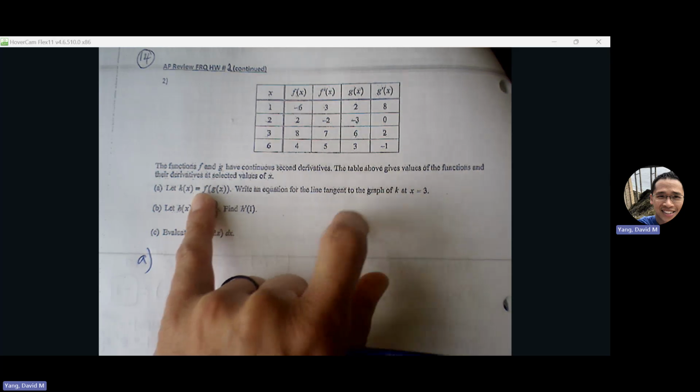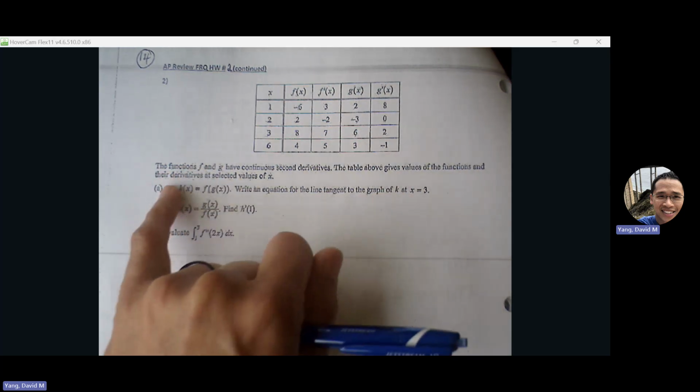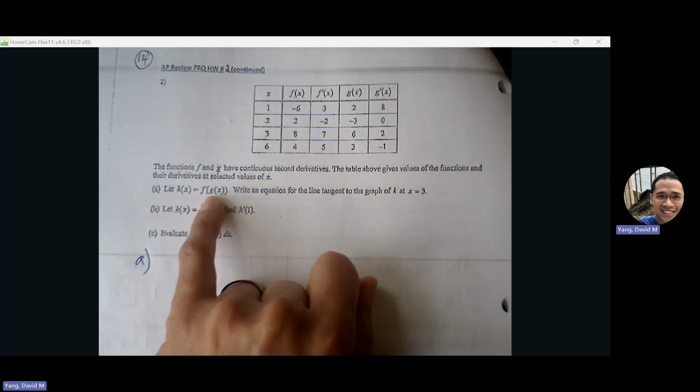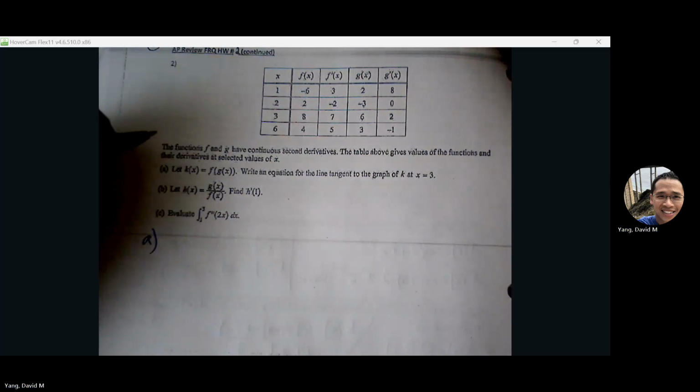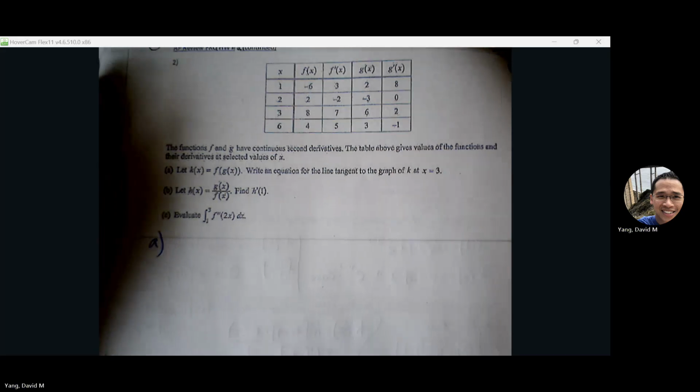To find the slope, we have to get to the derivative. To get to the derivative, look at how k of x is set up. We have to go through what rule here? Chain rule. Okay, so let's get our ordered pair and slope through chain rule.